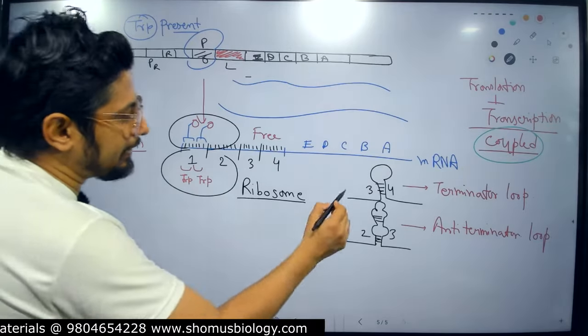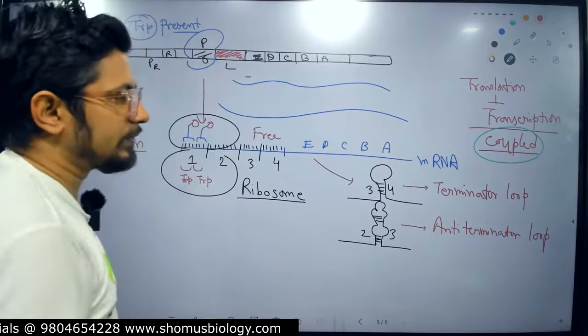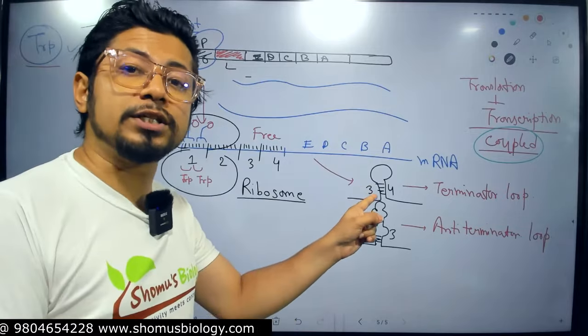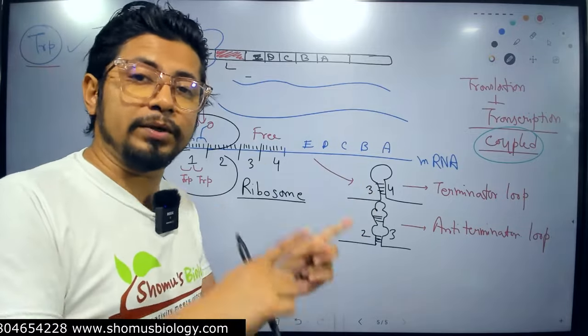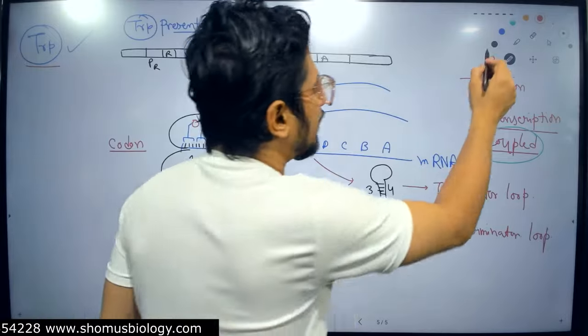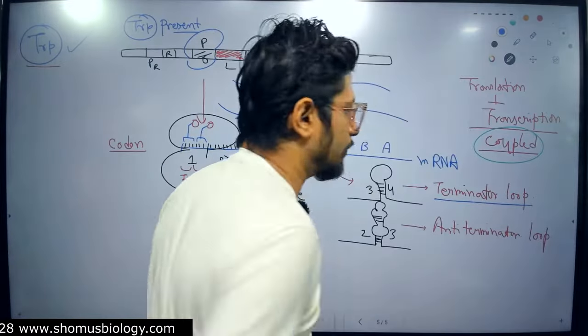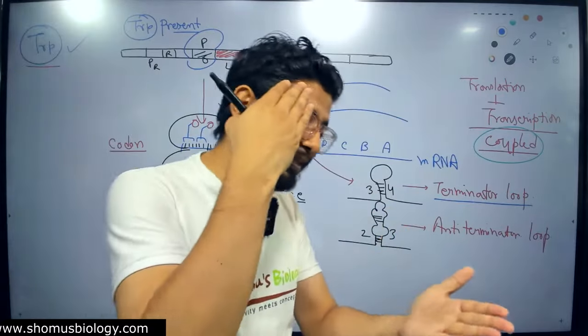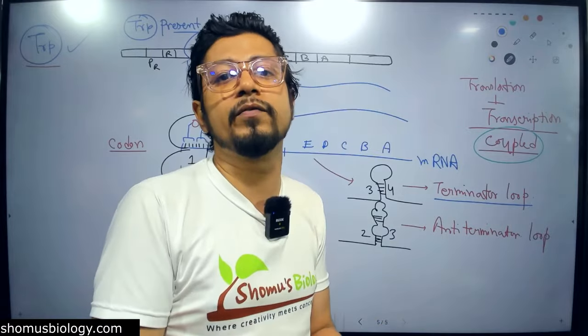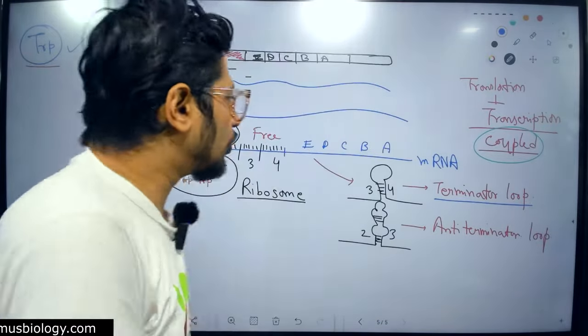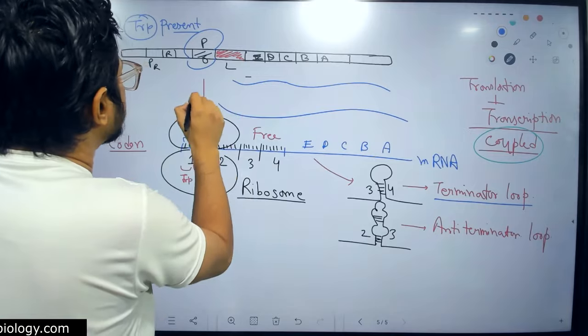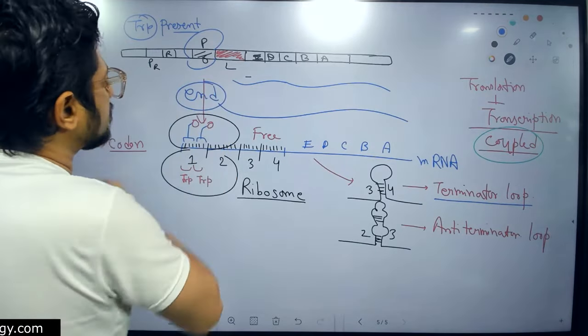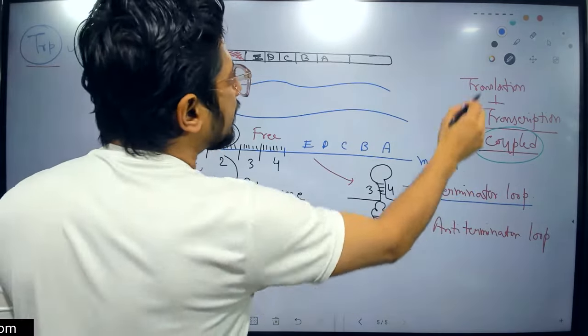As 3 and 4 is free here and the ribosome is covering 1 and 2, 3 and 4 can self-ligate to form a stem loop structure, and when the stem loop structure forms between 3 and 4, that is a type of terminator loop. Terminator loop means it is a loop that will terminate the process of transcription. So it will end the process of transcription, due to the formation of the terminator loop.